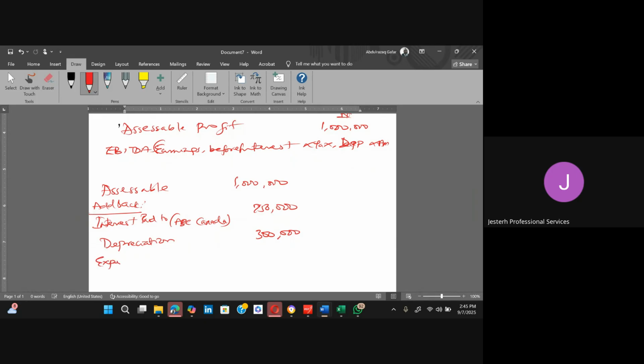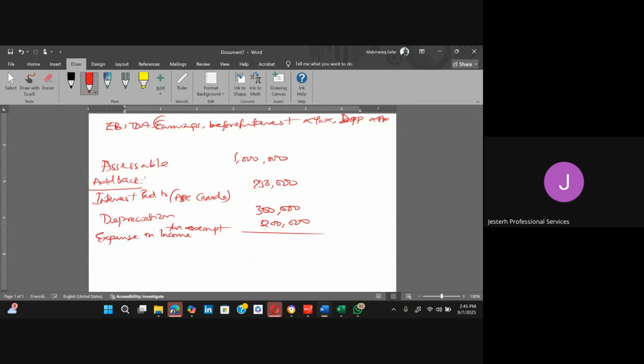Expense on tax exempt income, which is 200,000. So what's the total profits now? What's the total adjusted profits? So this is 500,000.